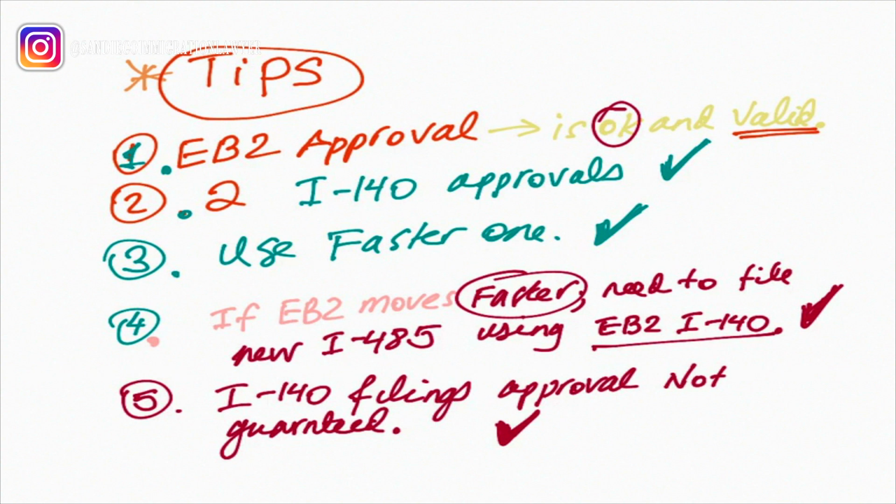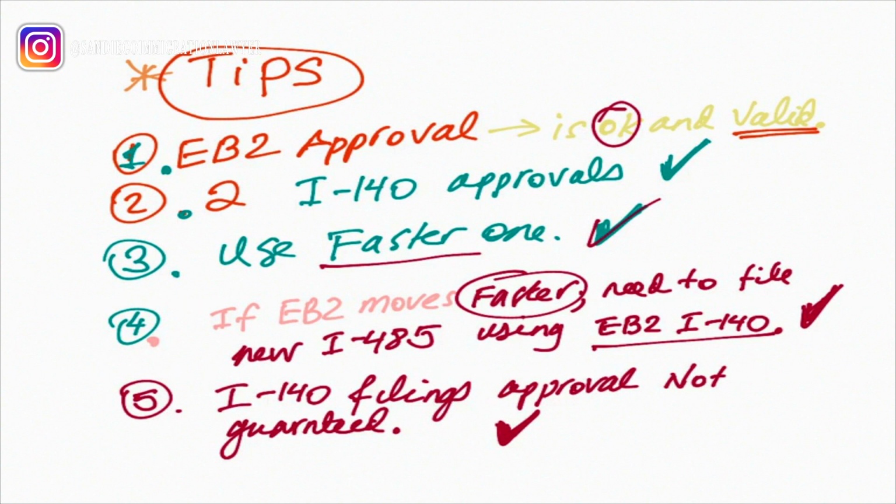So both I-140s will be approved, and it's okay. You're going to have two I-140s with the same priority date. It's all right. Depending on which one moves faster, right now it's EB3, but there may be a possibility that EB2 will go faster, you can choose the one you want to go with.